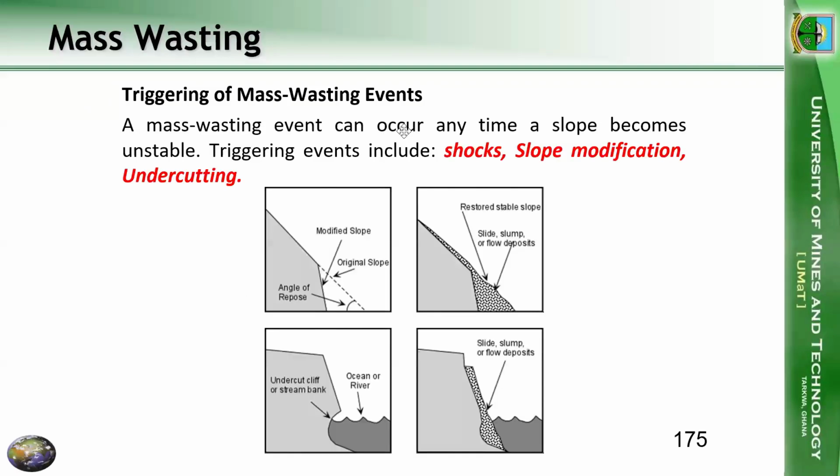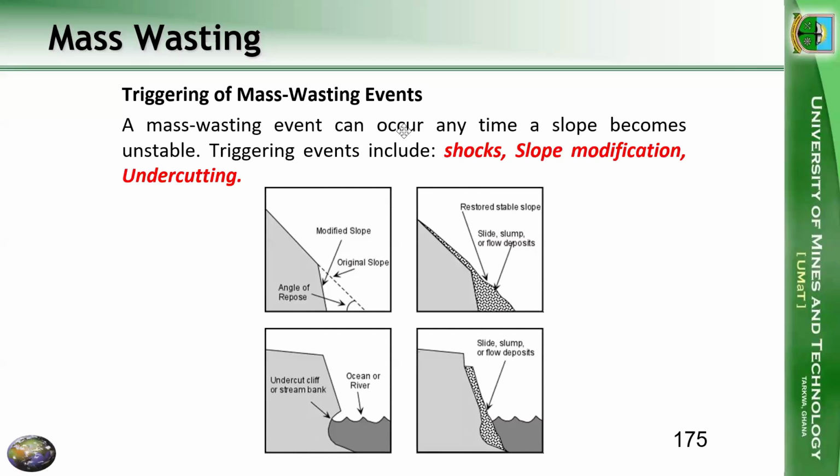So the last thing we want to talk about now is the triggering events of mass wasting. Mass wasting can be triggered by three things: shocks, slope modification, and undercutting. All right. What is a shock? A shock can be vibrations, blasting, heavy vehicular movements, earthquakes.